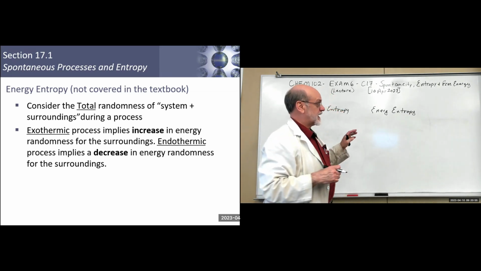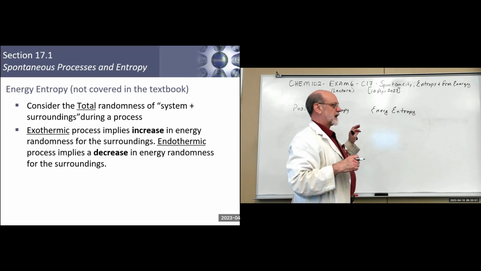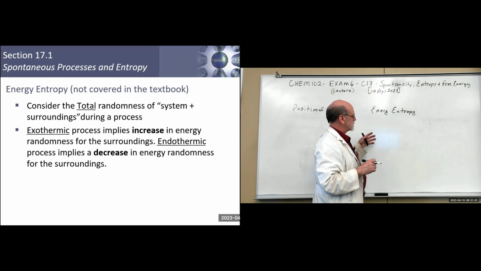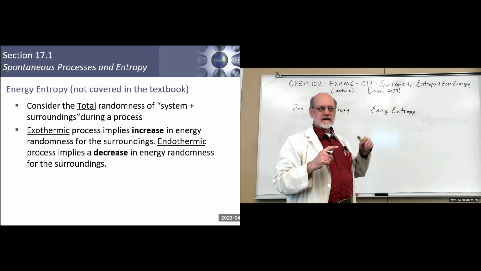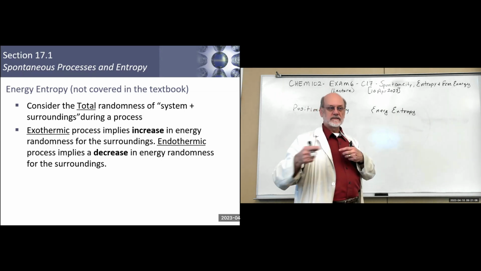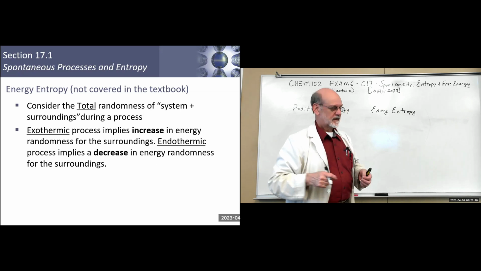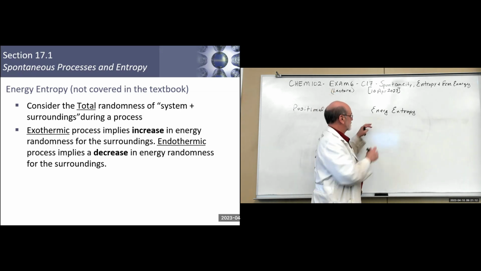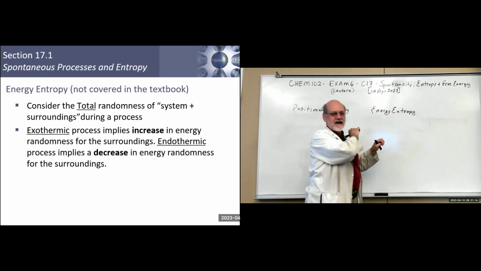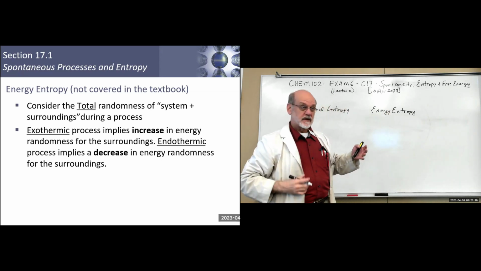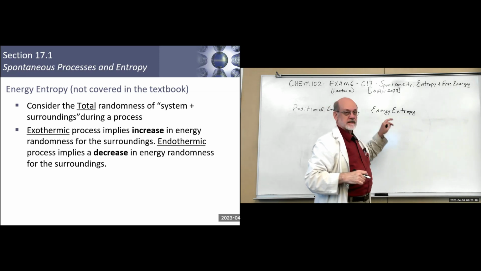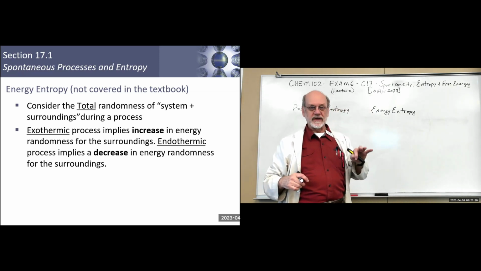And it has to do with, well, if a molecule has more energy, it can be in a second place quicker because it's moving faster. So if we increase the energy of a system, we are increasing its energy entropy.